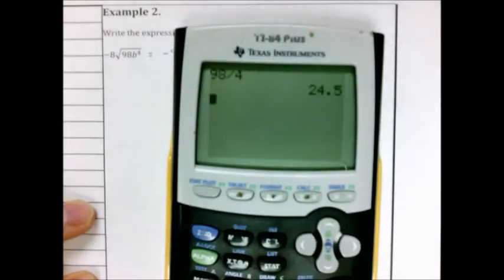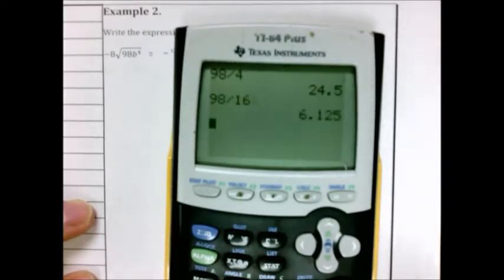The next one is 9. We know right away 9 doesn't go into 98. The next one, 4 squared, is 16. 98 divided by 16, that doesn't work. The square root of 25 is 5, but 25 doesn't go into 98. Square root of 36, 98 divided by 36, that doesn't work. We're running out of options here.